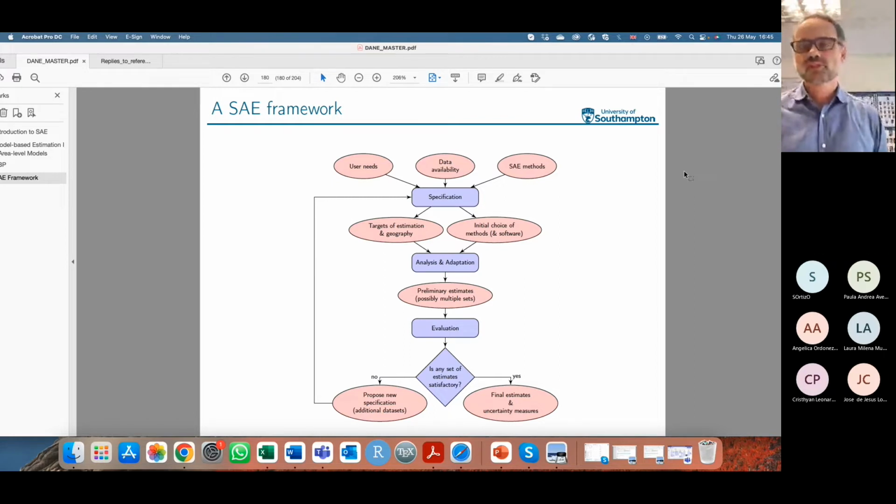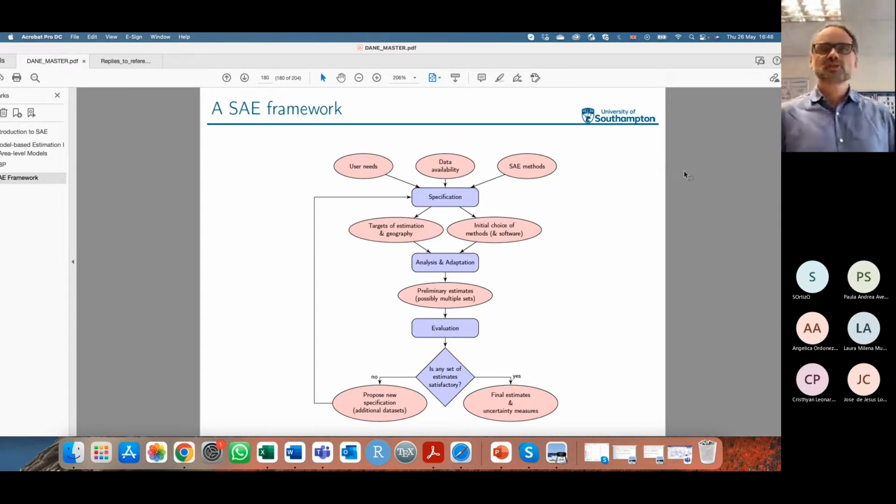The analysis is the second step, and in the analysis you may have to adapt your strategy depending on what happens with your analysis. Then once you have a set of estimates, the next step is the evaluation, being able to evaluate your estimates. There are various ways to do validation and evaluation of your estimates, and then deciding whether the set of estimates you have is satisfactory.